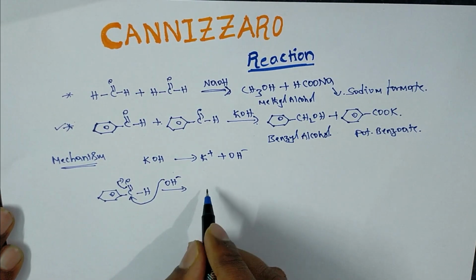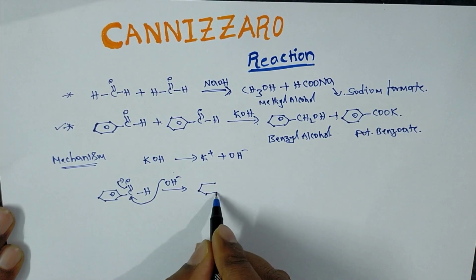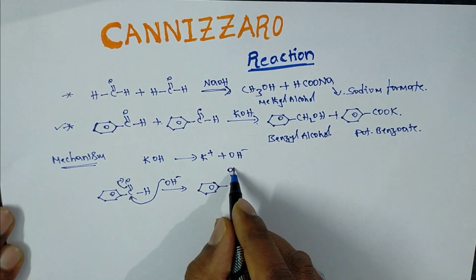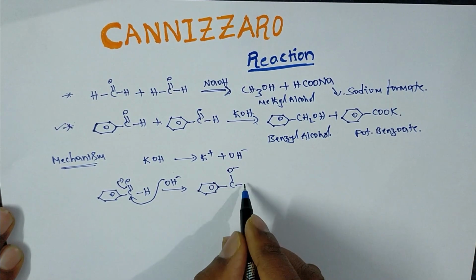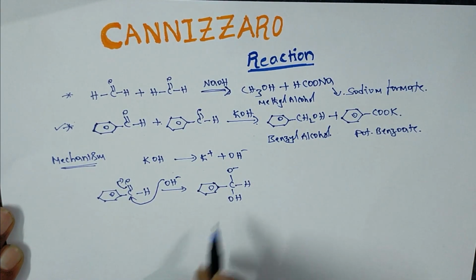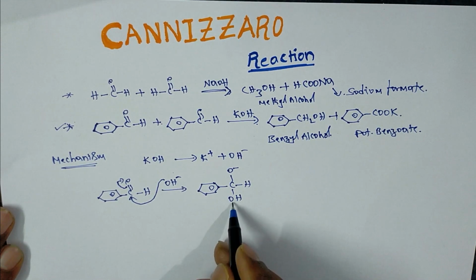So we get C6H5 CO minus with H and OH on the carbon. Okay students, this is called the hydroxy alkoxide ion.